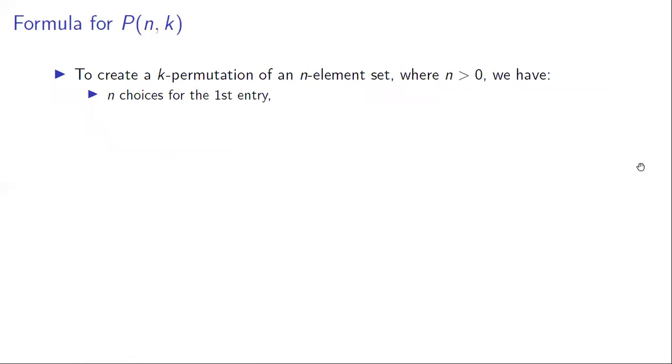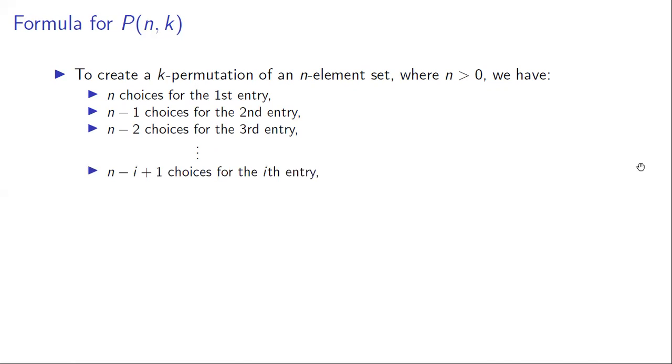Because we could choose any of the n elements of the set as the first entry. We have n-1 choices for the second entry, n-2 choices for the third entry, and so on. Now, as we go on, how about for entry number i, where i is some entry in the middle? How many choices do I have?